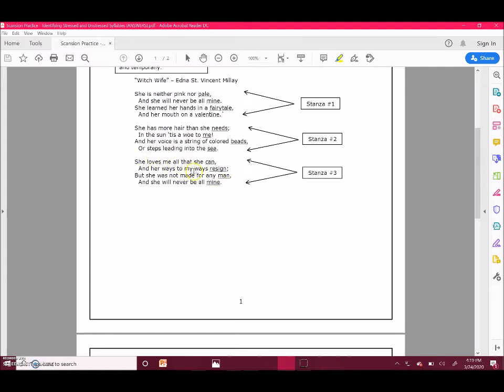But she was not made for any man. Da-da-da-da-da-da-da. And she will never be all mine. What I'm trying to do there is show the sound of the syllables, even without the actual words themselves, the emphasis that's created by that pattern.